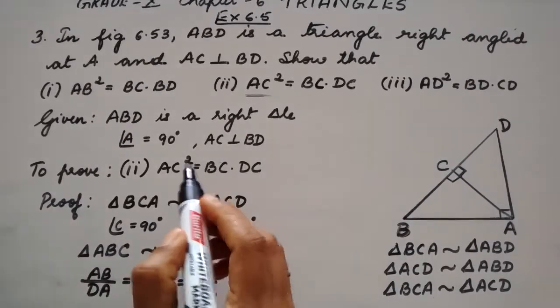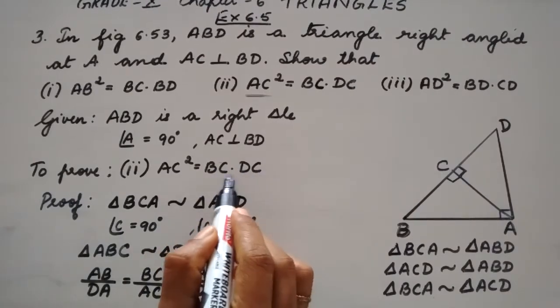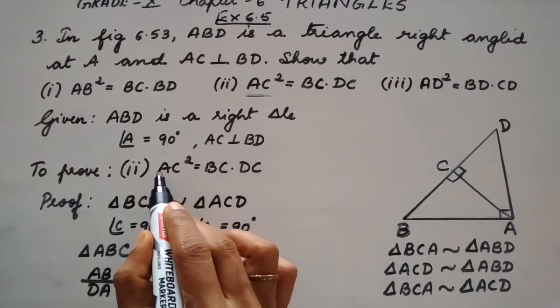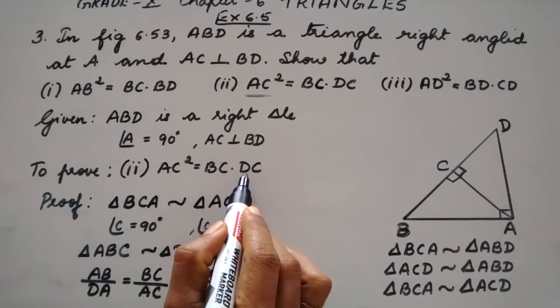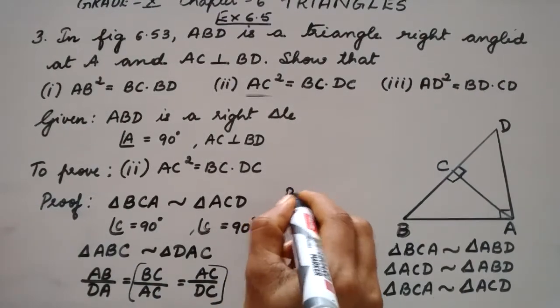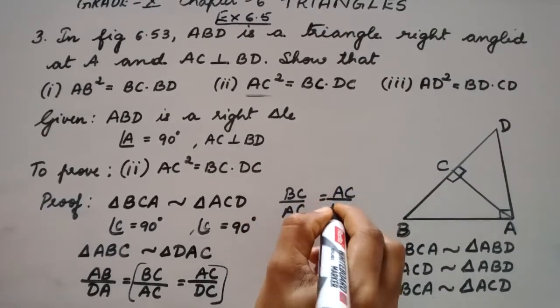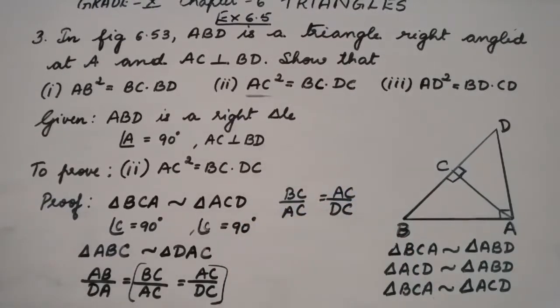So here we have to prove AC square is equal to BC into DC. So we need the sides AC, BC and DC. So let us take these sides. BC by AC is equal to AC by DC.